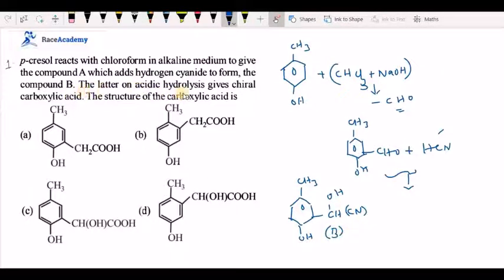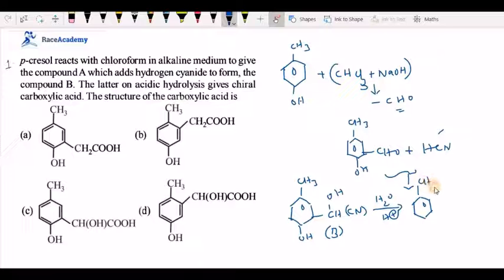According to this, the later acidic hydrolysis gives a chiral carboxylic acid. Any kind of acidic hydrolysis of cyanides gives carboxylic acids. You know, the cyanide group will convert into a carboxylic group.